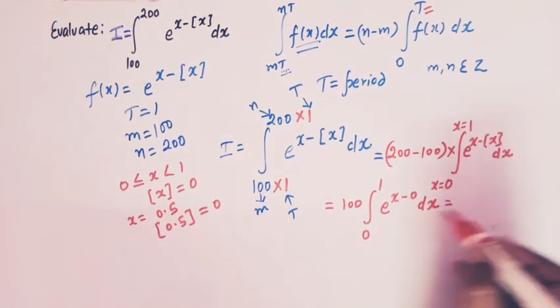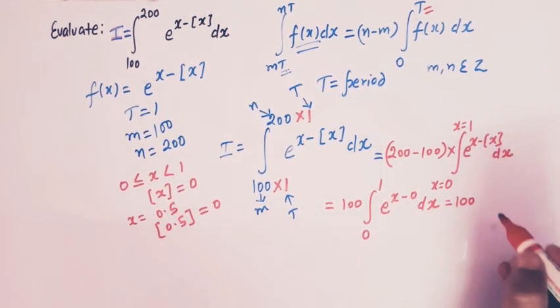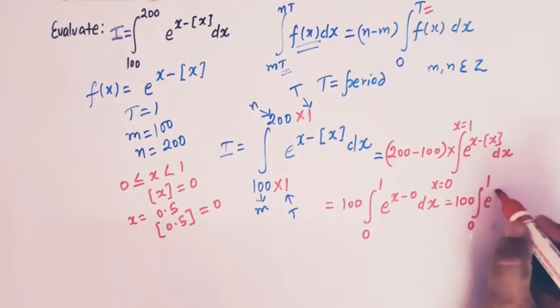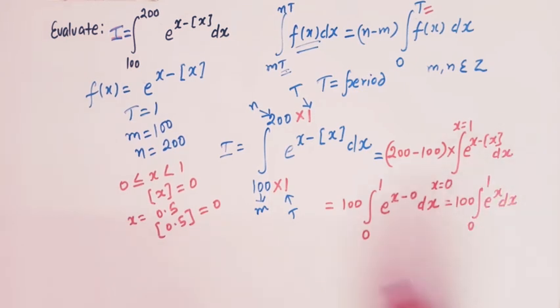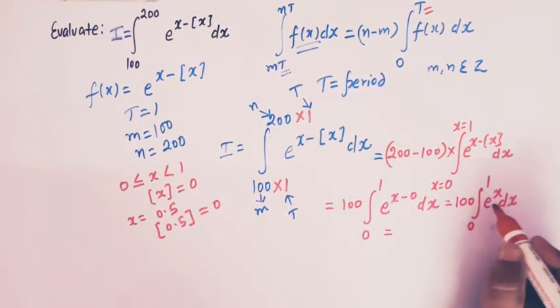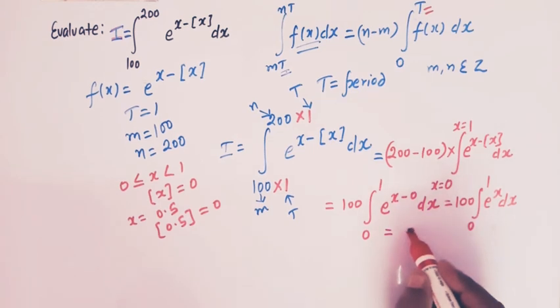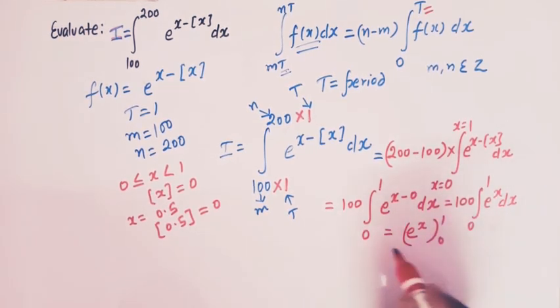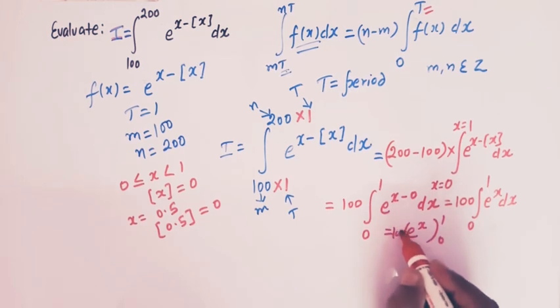So now we can further write this integral as 100 times the integral from 0 to 1 of e raised to x dx, and the integral of e raised to x is e raised to x, with the limit 0 to 1, and here we have 100.